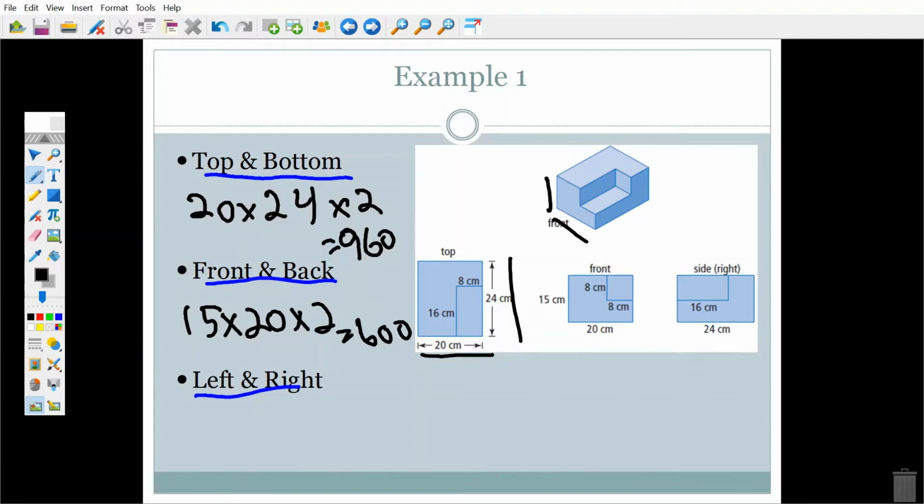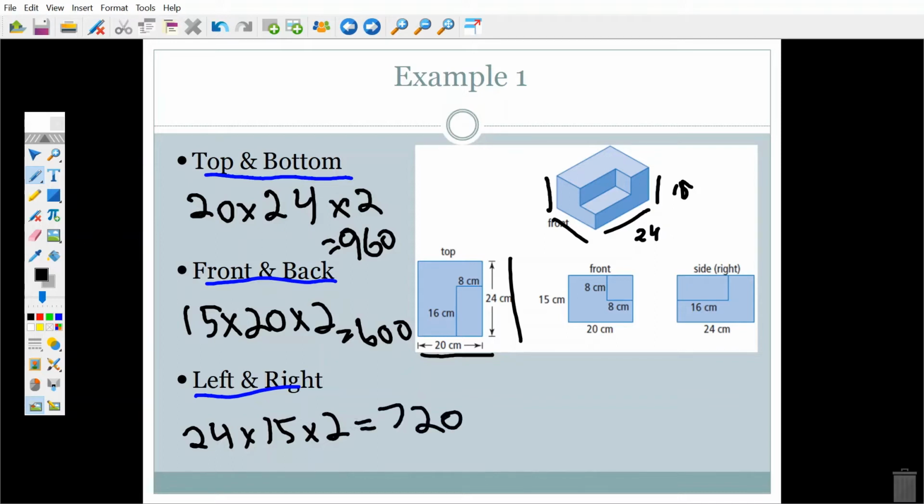And finally, the left and right is 24 by 15. So we're going to go 24 times 15 times 2. 24 times 15 times 2 is 720.